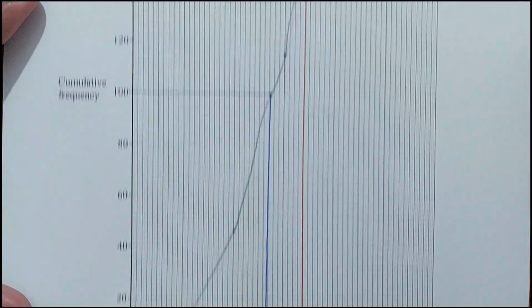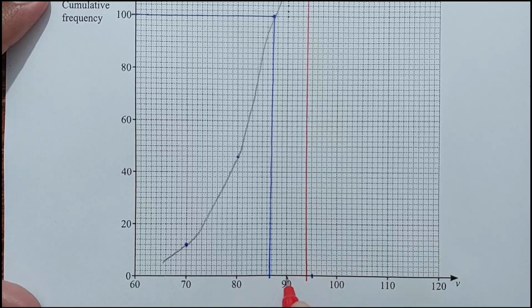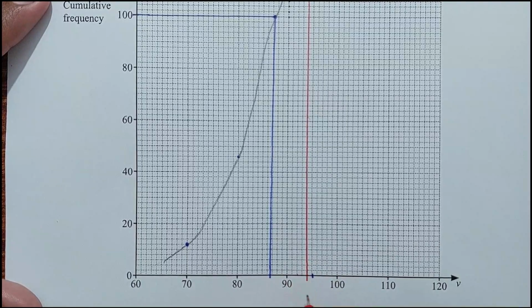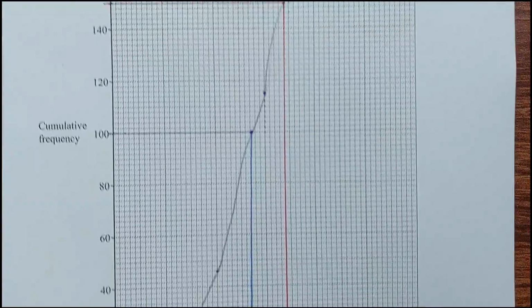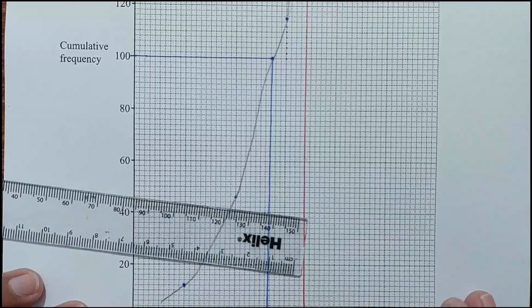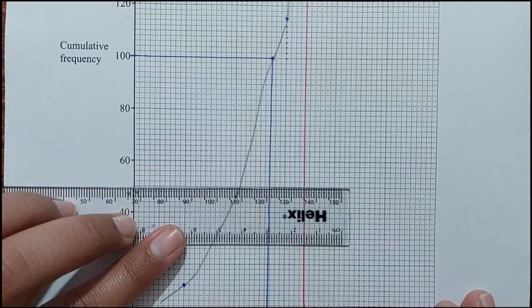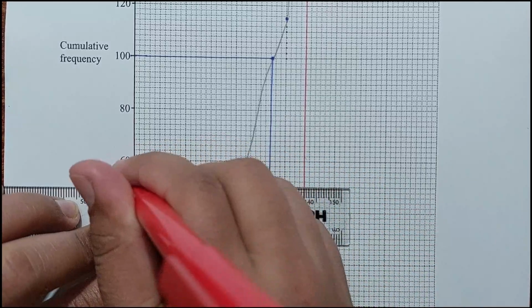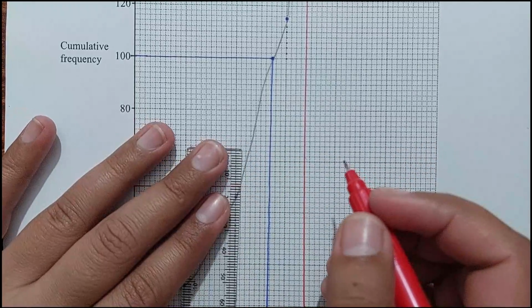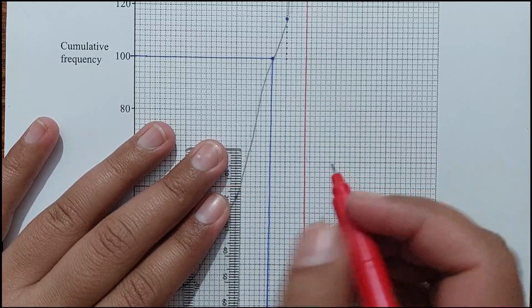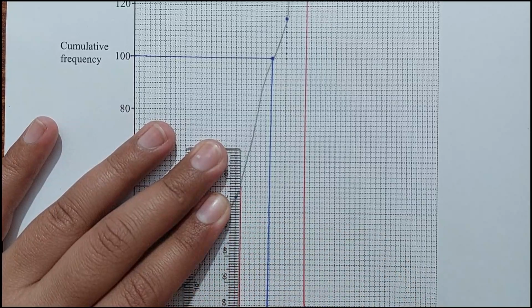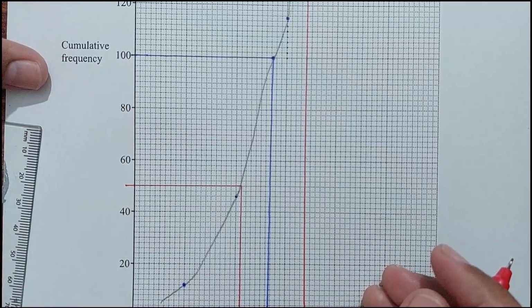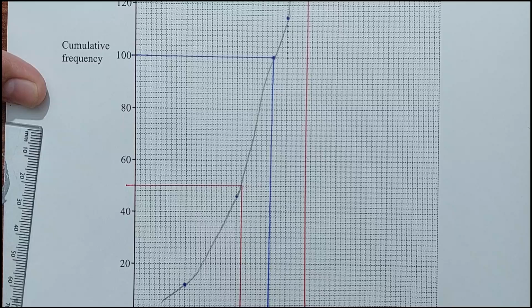The 150th value you can see is 91, 92, 93, 94 is the upper quartile. Now the 50th value is the lower quartile. The 50th value is this. This is 81 in my case, right?